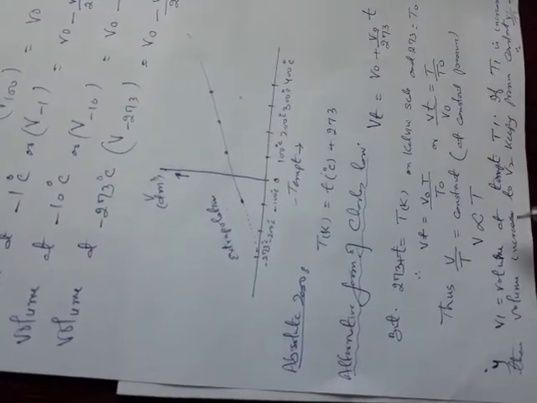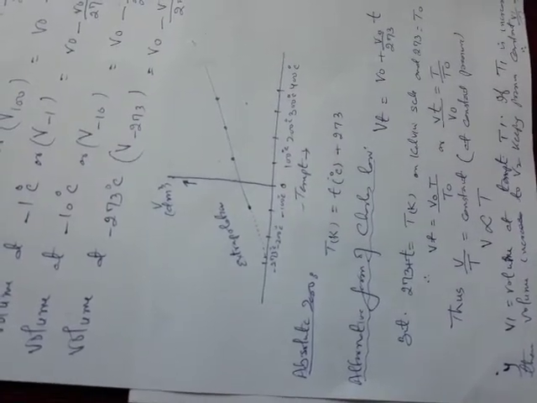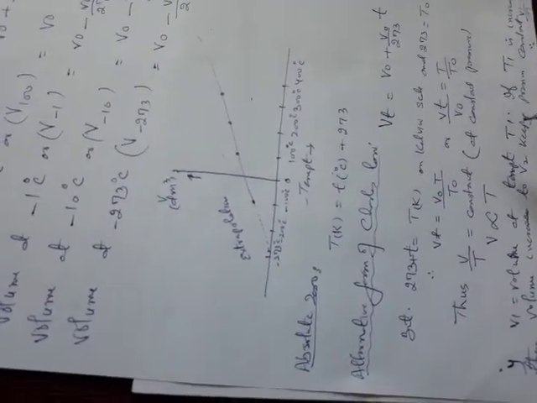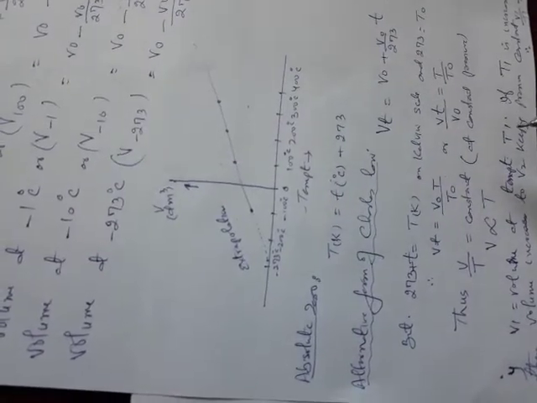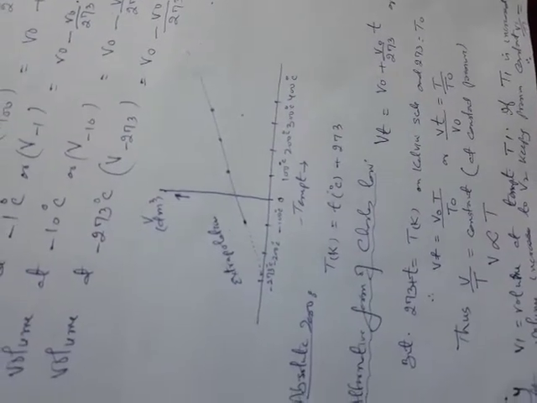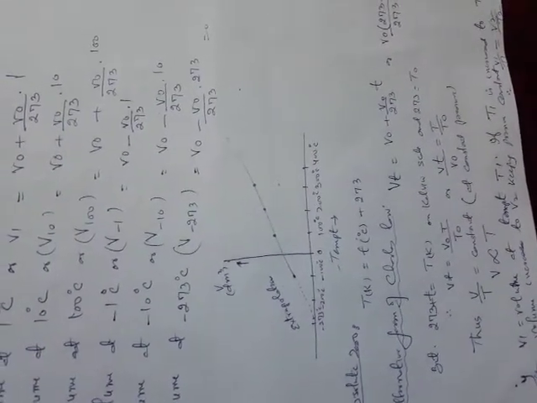Now let V1 be the volume of a gas at a temperature of T1, and if we keep the pressure constant and the temperature is increased to T2, the new volume becomes V2. So according to Charles law, V1 over T1 is equal to V2 over T2.